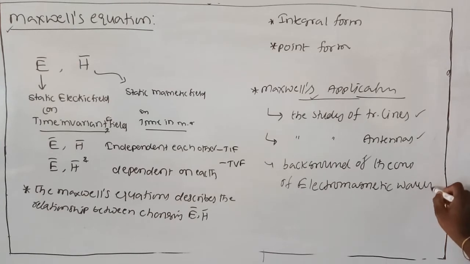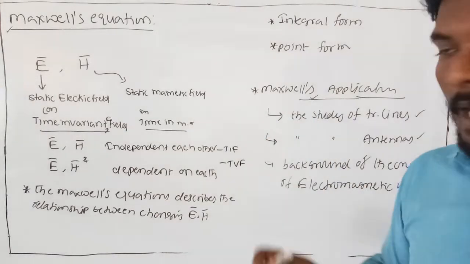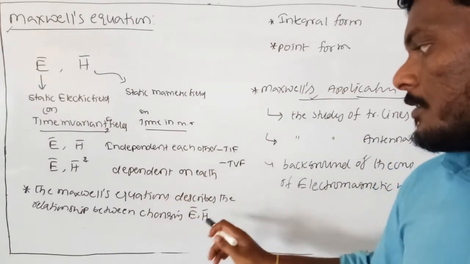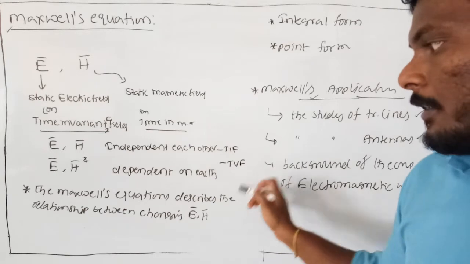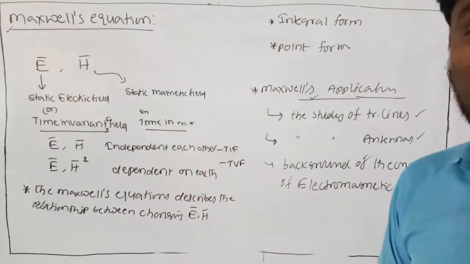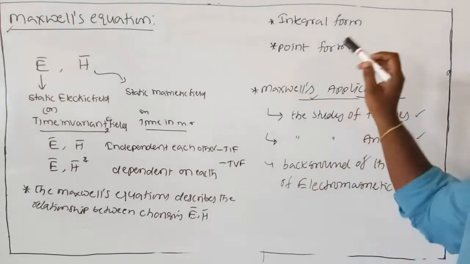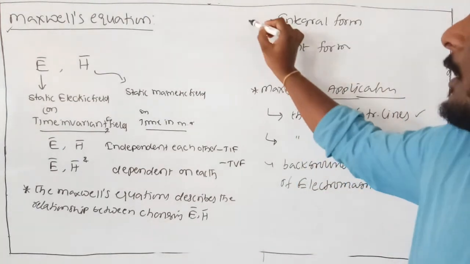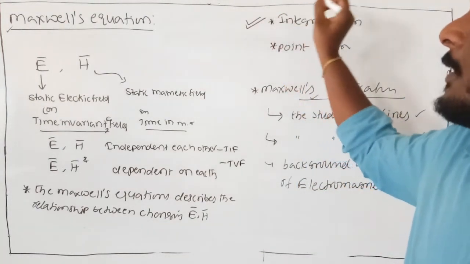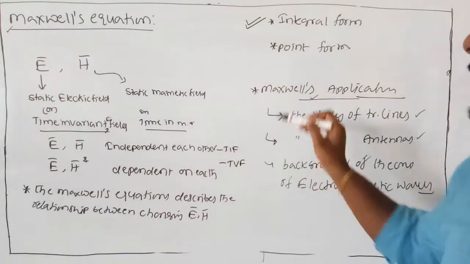So what do we actually mean by Maxwell's equations? Again I am repeating: Maxwell's equations describe the relationship between the electric field wave and the magnetic field wave, and they are described in two forms, integral form and point form.